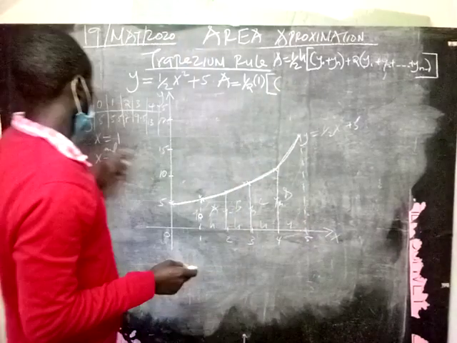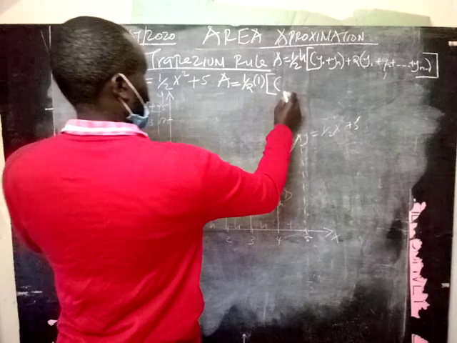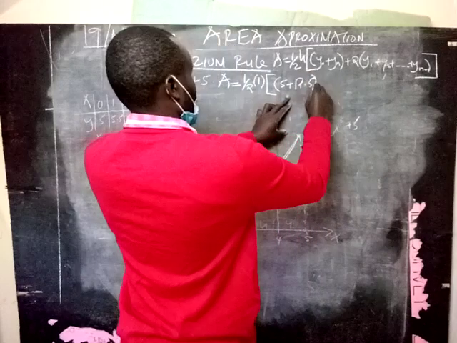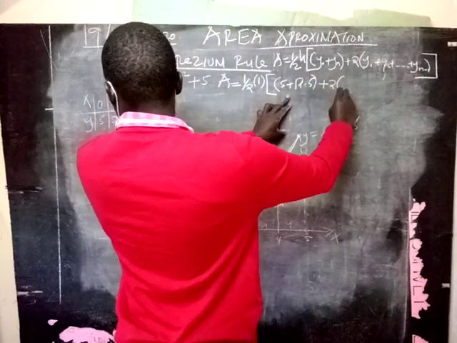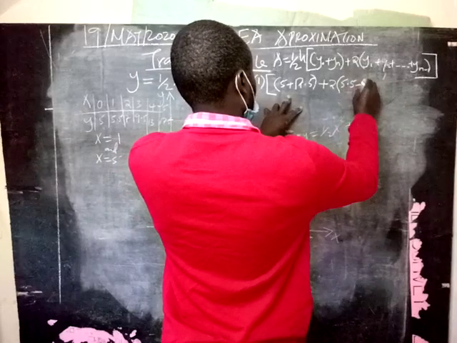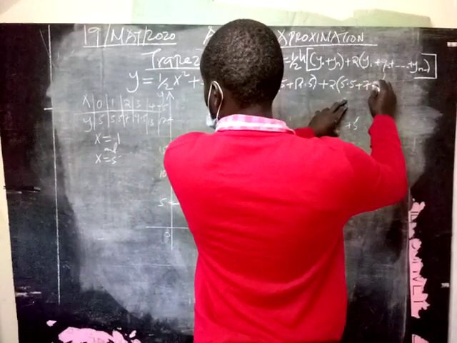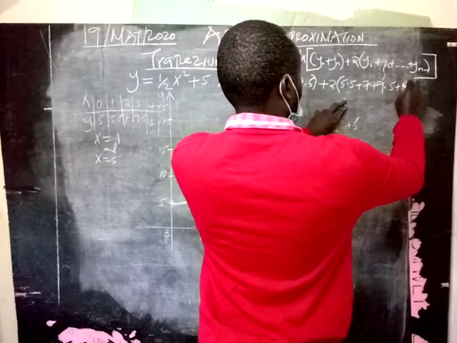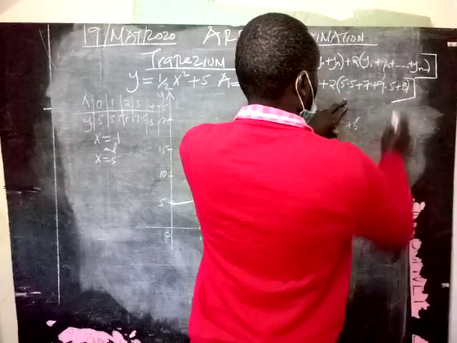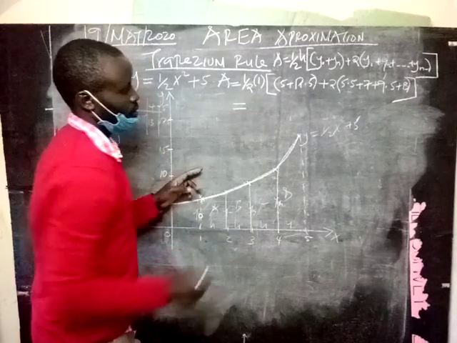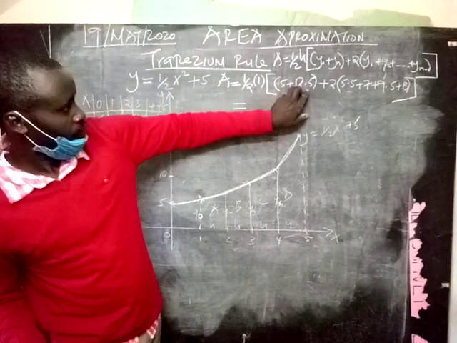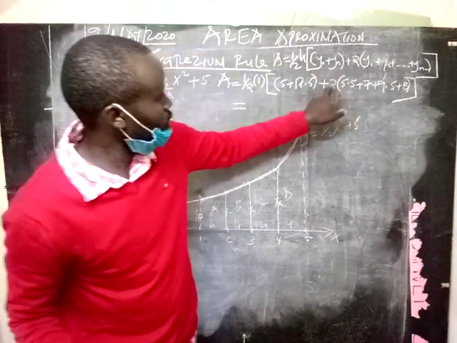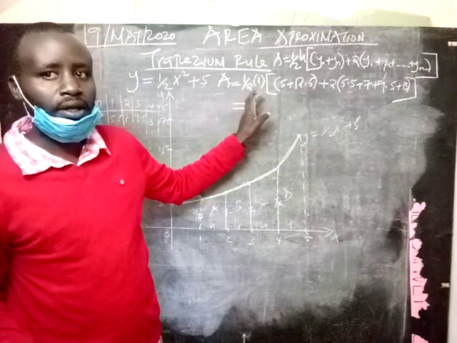Our y naught is 5 plus the last one, which is 17.5, then we close, plus twice 5.5 plus 7 plus 9.5 plus 13, then we close, and we also close the bigger bracket. So you just start with this one, you find it is 22.5, plus you add this one twice, then you multiply by half.